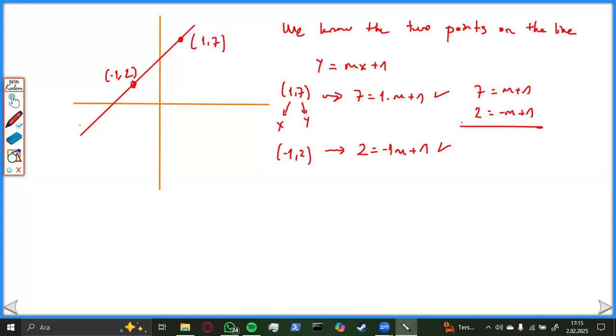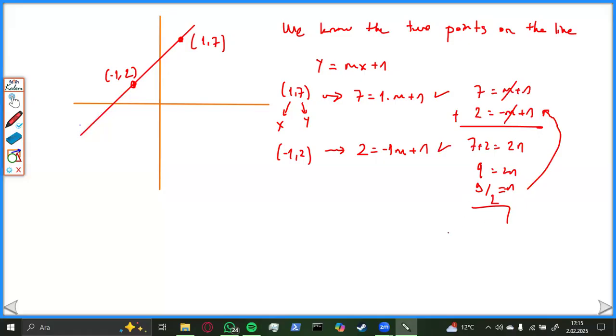By using the elimination method, you can see that m can be eliminated. 7 plus 2 is 9, which is 2n, so n is 9 over 2. Now we know the value of n, so let's find m.